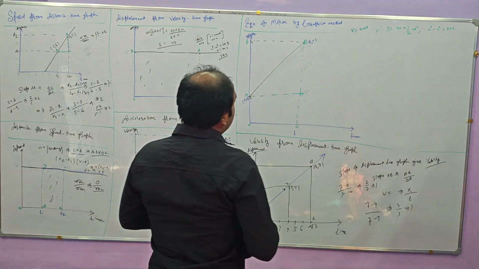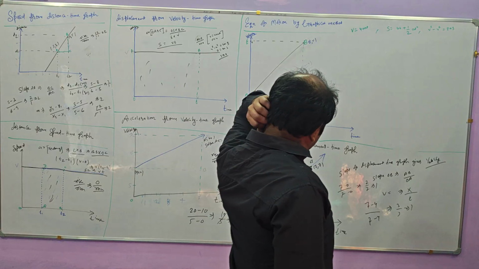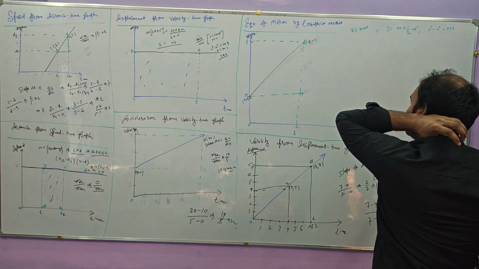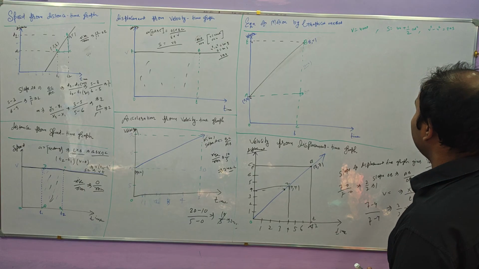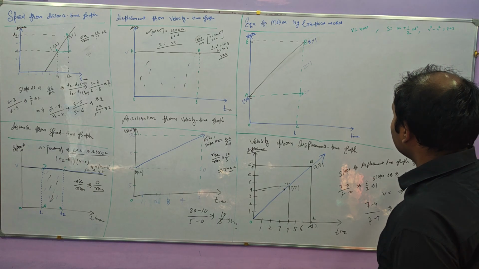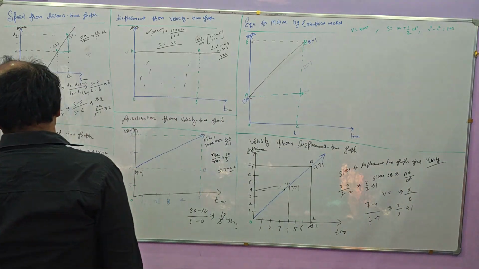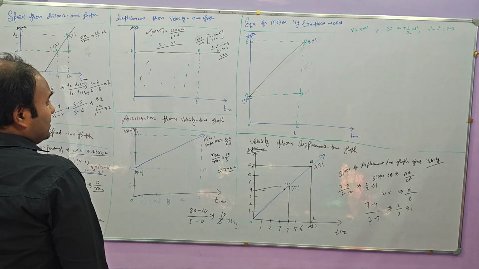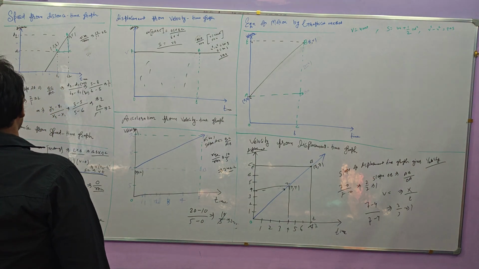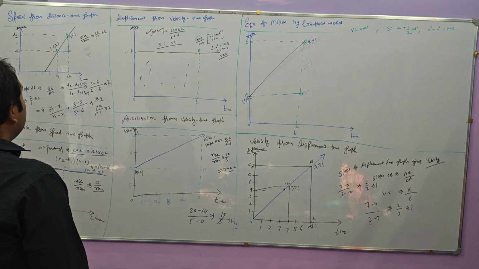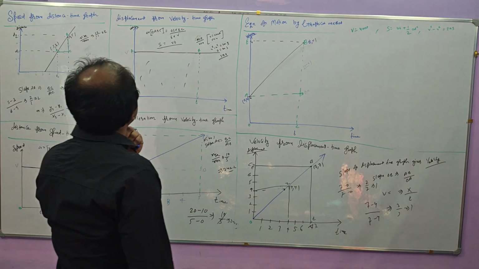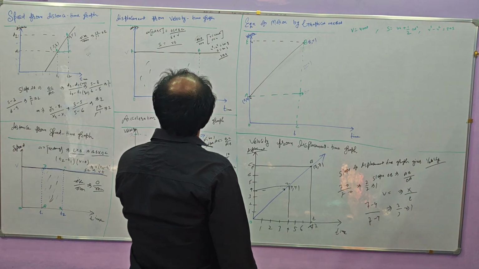When we talk about the velocity time relation, we know the area under the velocity time graph gives what? Displacement.